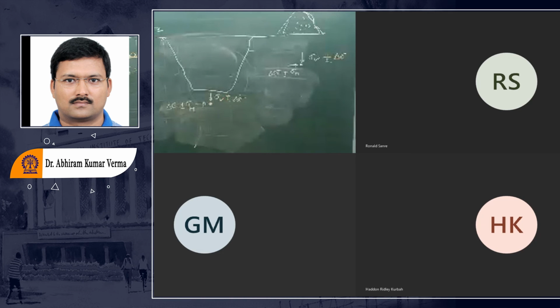We can find the factor of safety as the strength in compression divided by the stress acting at this point. If it is greater than 1, it is safe. If it is less than 1, it is unsafe. And if it is 1, it is your limiting condition.